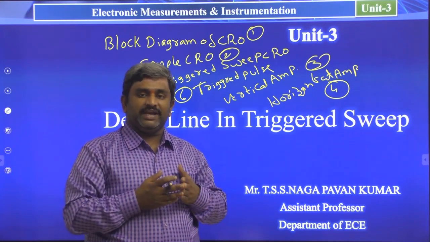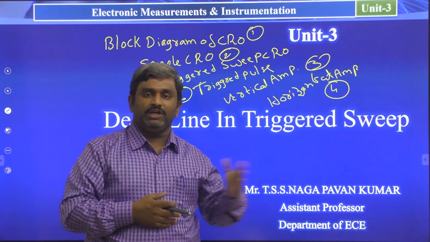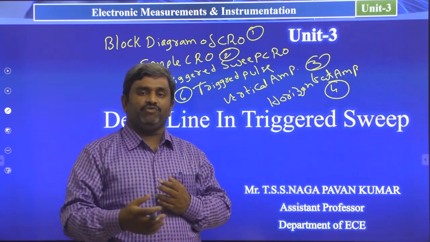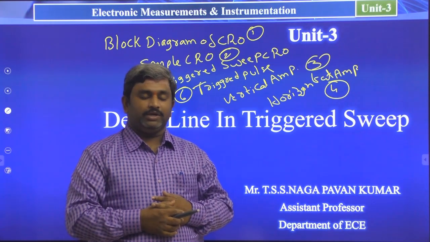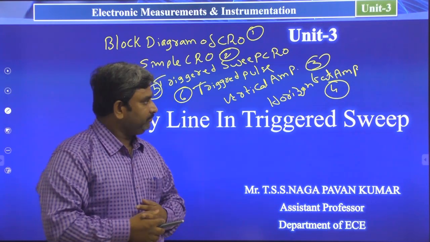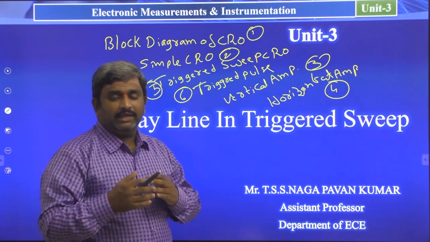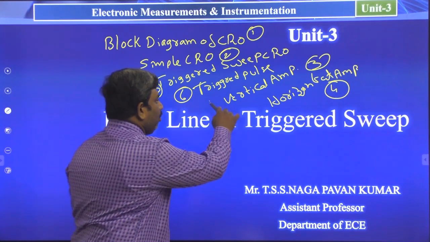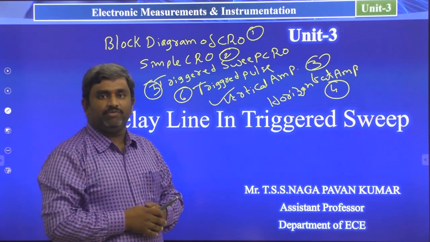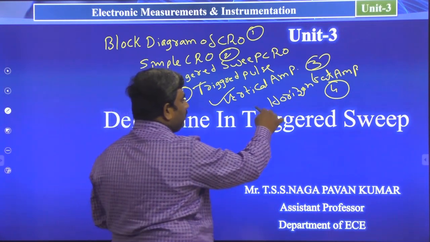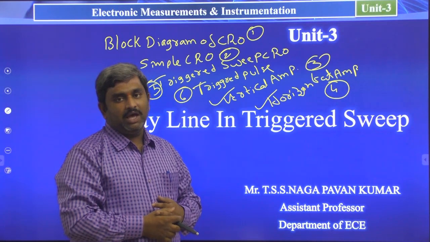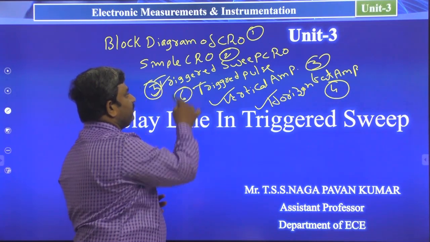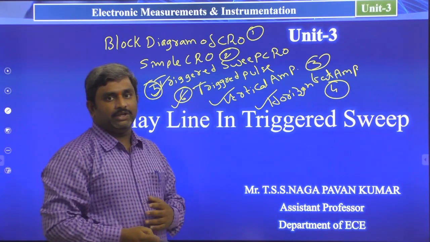One side of information we are giving to the vertical deflection plates and another side of information of the signal we are giving to the horizontal deflection plates. Now, in the previous class we have seen what components are available in the vertical deflection system and in the horizontal deflection system. And we have seen the triggered sweep circuit and triggered pulse circuit.